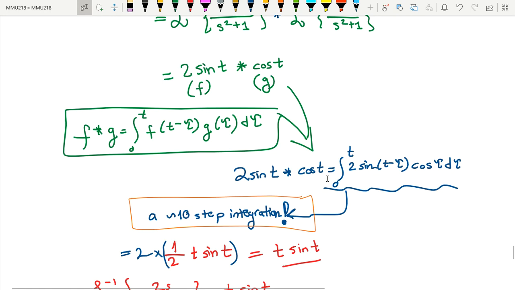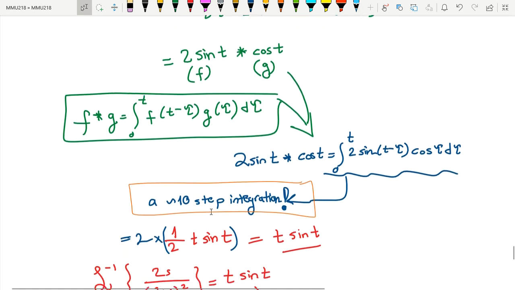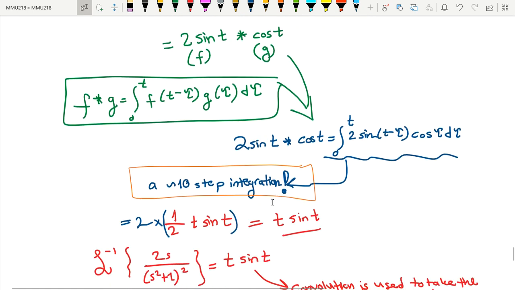Those are my f and g. Let's pick the first function, 2 sine(t minus tau), and cosine(tau). If I do this integration, which is doable, I promise you, it takes about 10 steps.